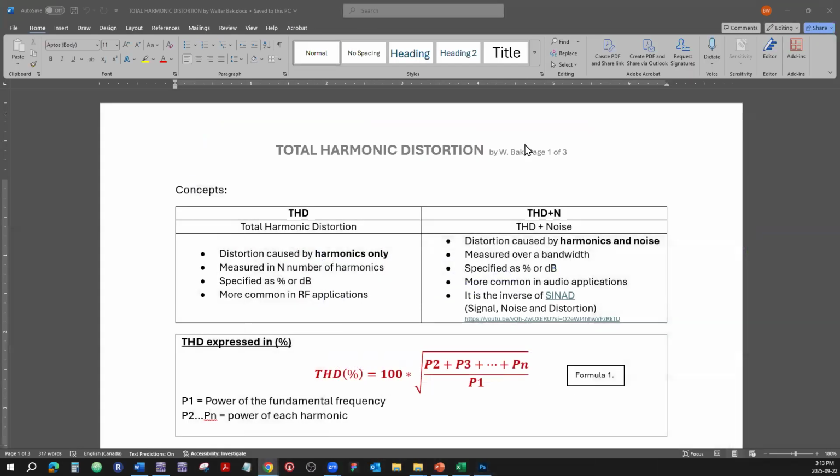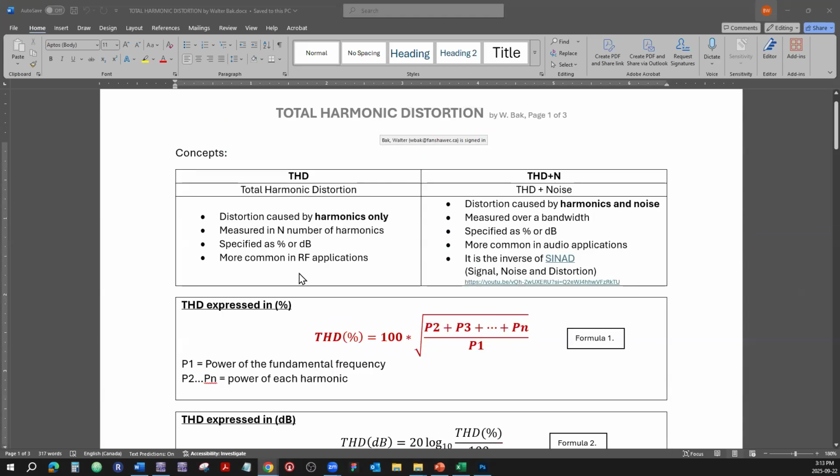Okay. All right, so here's my supplement here for you. Okay, so the concepts. THD stands for total harmonic distortion. And by the way, this is going to help you with the next lab we're going to do. This week, we're still doing the lab that we started last week.